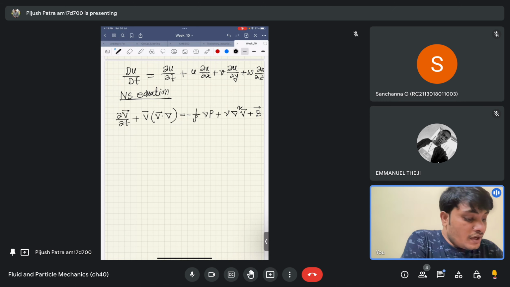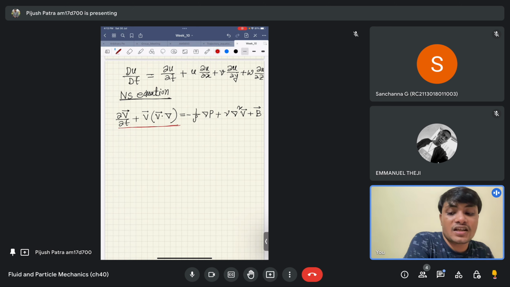As I said, this is my inertial term, the acceleration of the fluid. This is the pressure gradient term. This is the diffusion term that is associated with the viscosity of the fluid, rather the kinematic viscosity, related to the viscous stresses and all these things.